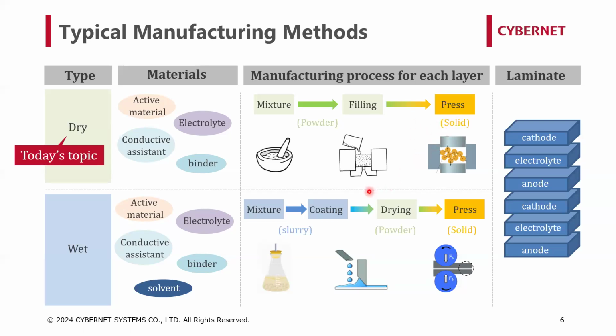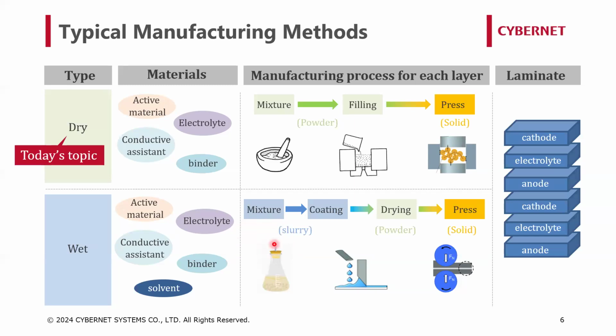On the other hand, the wet process also starts with mixing, but unlike a dry process, the material at this time is in a slurry state, where powder is dissolved in the solvent. So it clearly behaves more like a fluid. It then goes through the process of coating and drying, and then it returns to a powder.